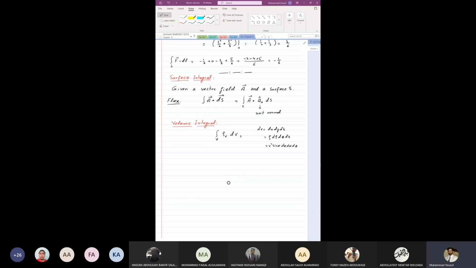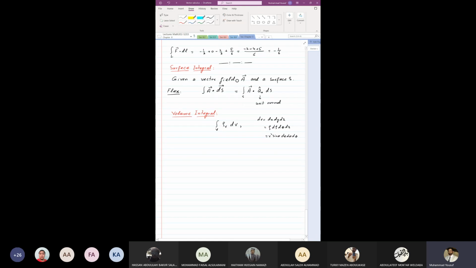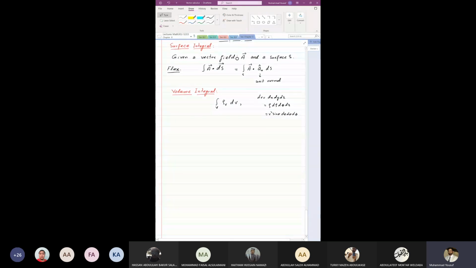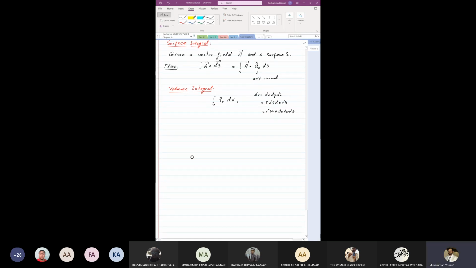Yes, the surface integral will give you surface area if the vector field is 1. We have done examples before. And the last integral, the volume integral, will give us the volume of the solid v when rho v is equal to 1. So rho v is a scalar function. Let me write it here.